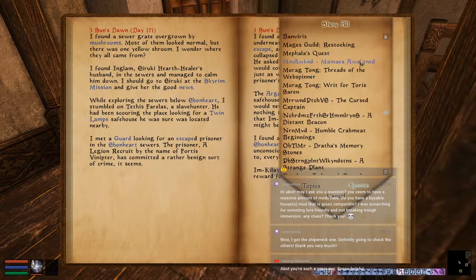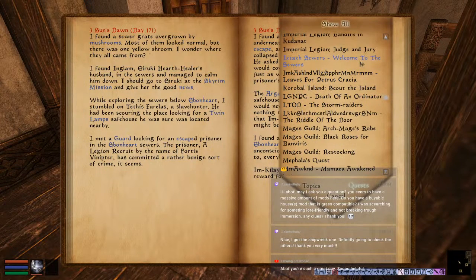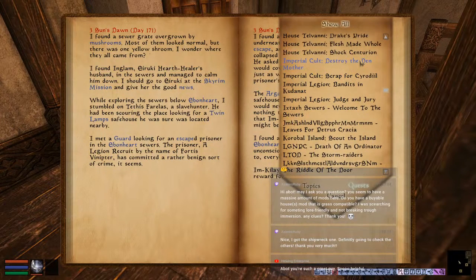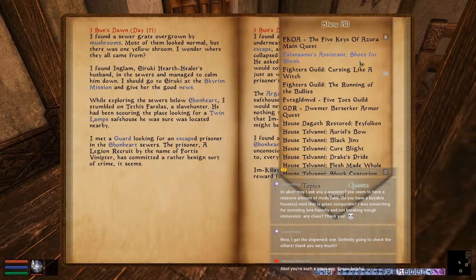I've seen before the quest. It was one of the quests without graphics. We did this.